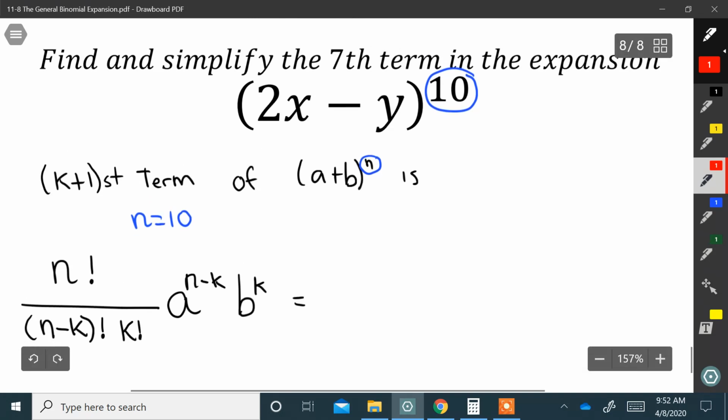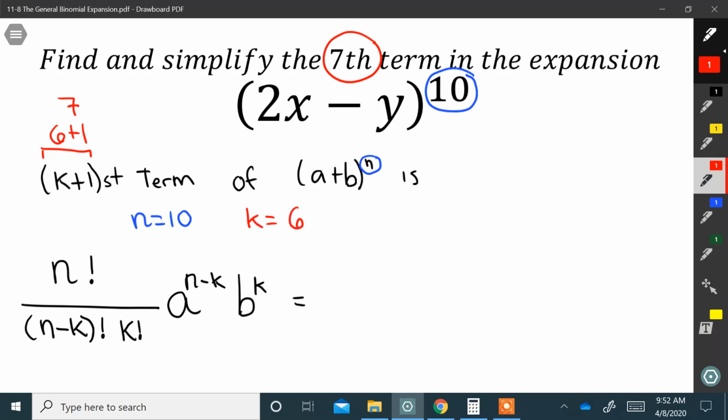So we're looking for the 7th term. So this right here should add up to 7. So 6 plus 1 is 7. So that means that k is equal to 6. K is always a number. It's always the number before the actual term.